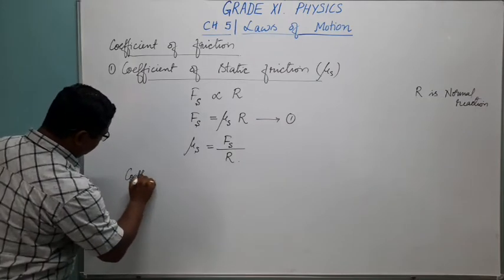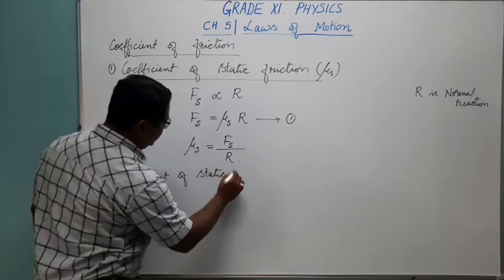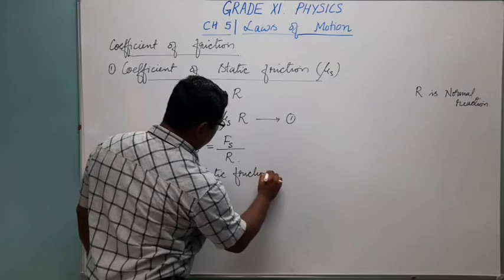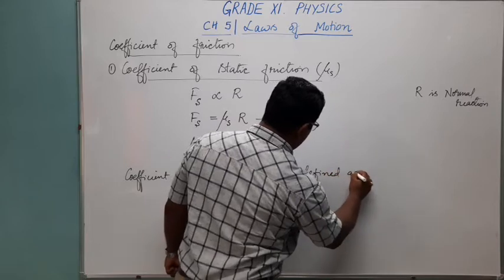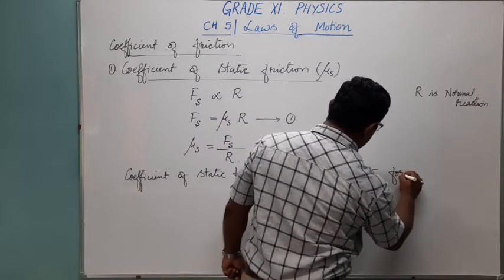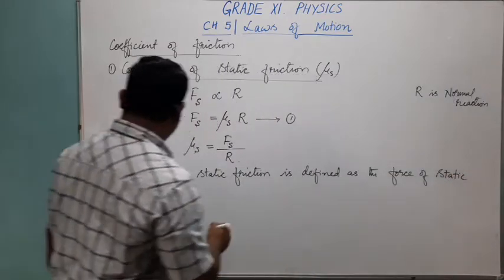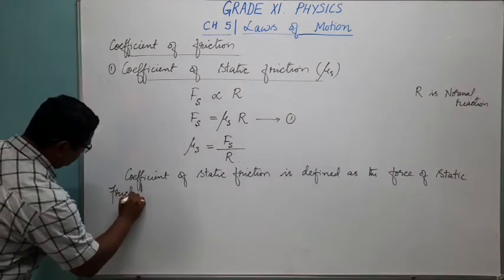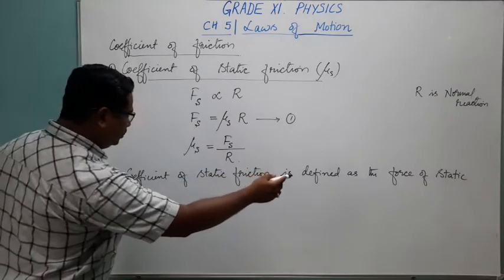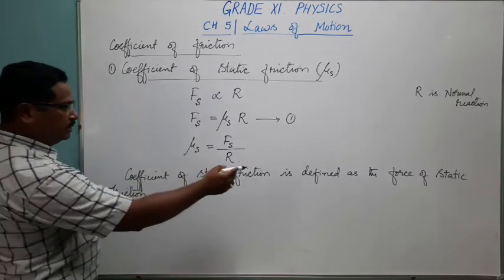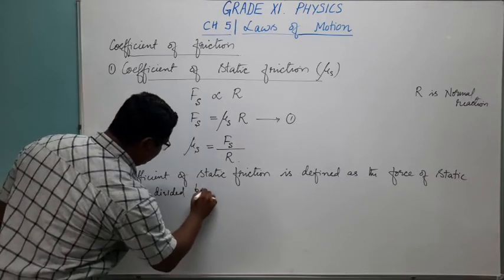Coefficient of static friction is defined as the force of static friction divided by the normal reaction, or you can even write this as the ratio of the force of static friction to its normal reaction.